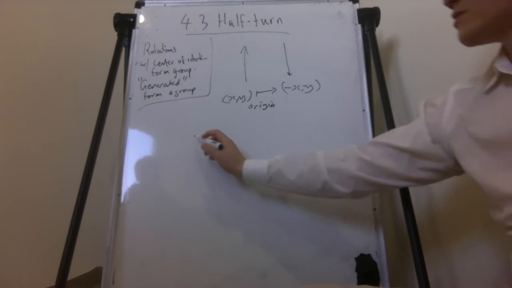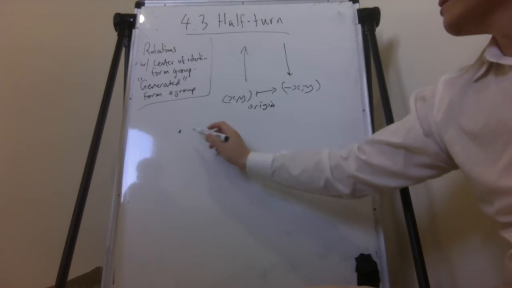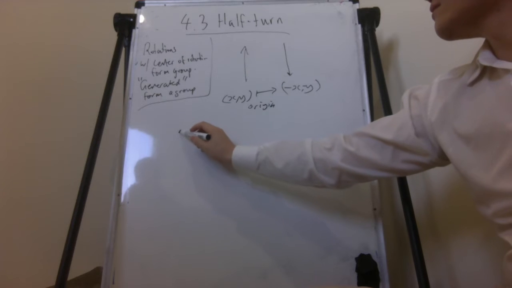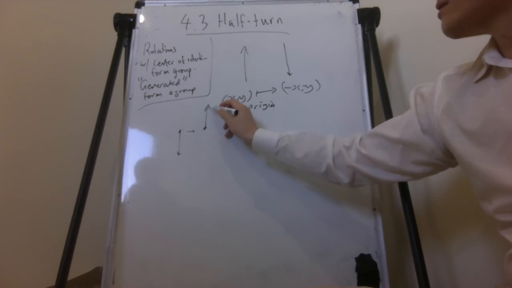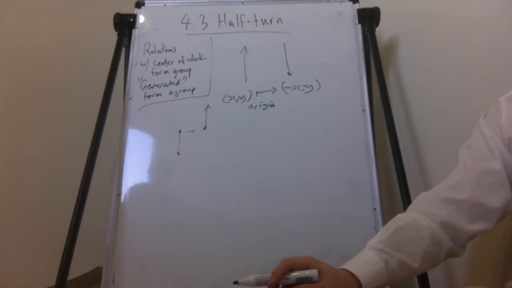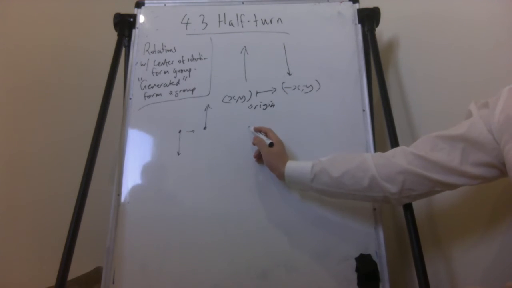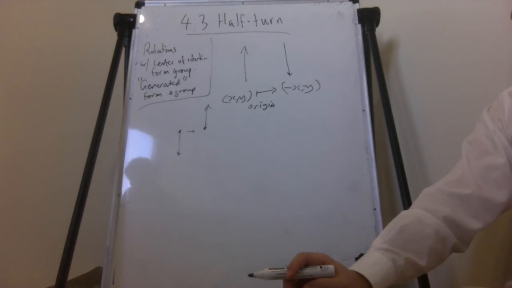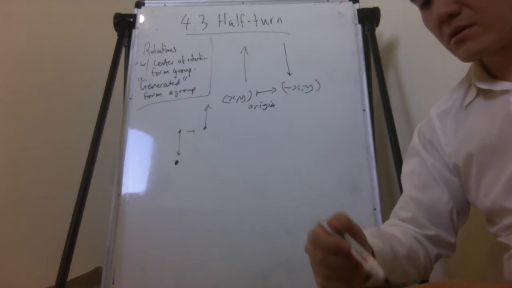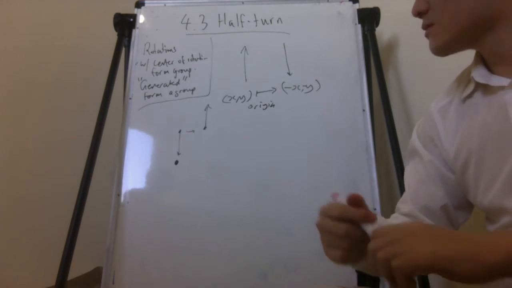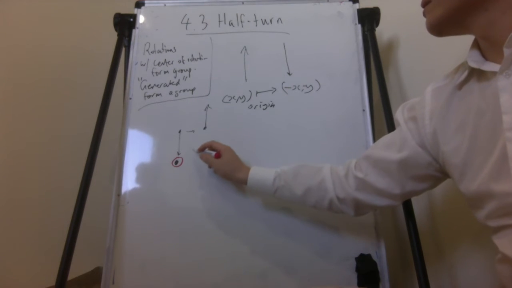Okay, that's a good check. So obviously, if you rotate about this point, it'll make this into that, right? What does it do to something else? It turns. So it takes this point here into this point here.